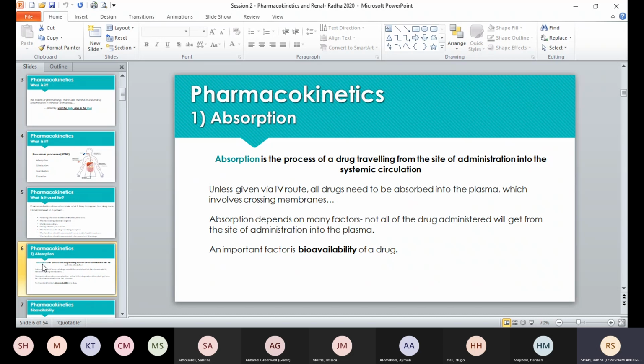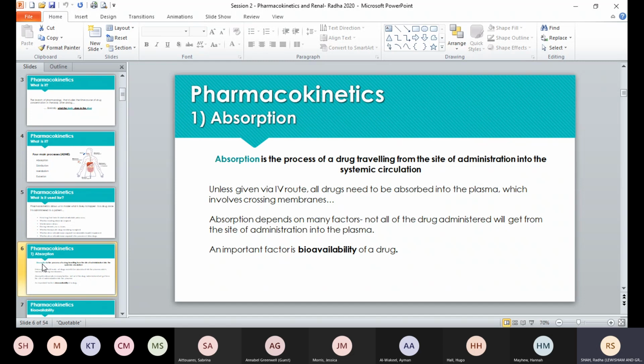So absorption. Absorption is the process of a drug traveling from where we've given it, the site of administration, whether that's topically through a patch, orally or via injection, and how it gets into the systemic circulation.